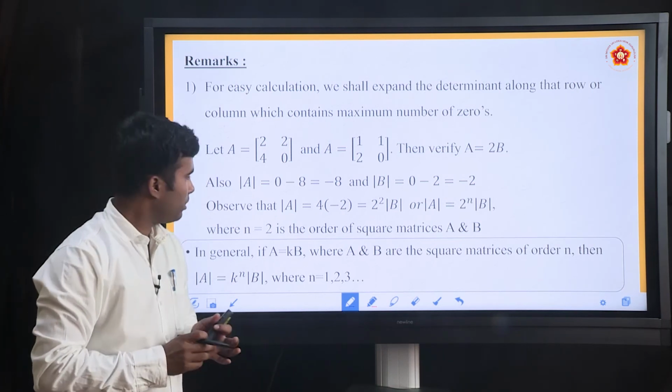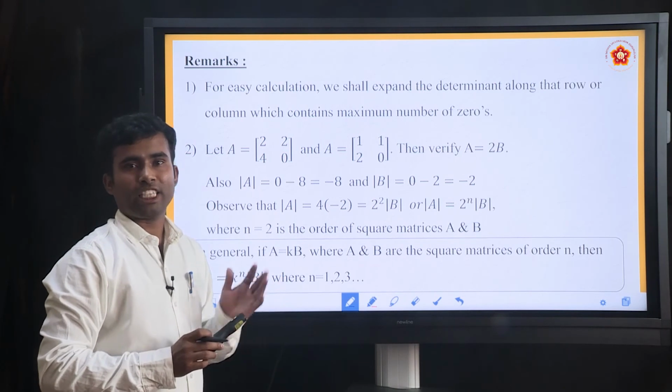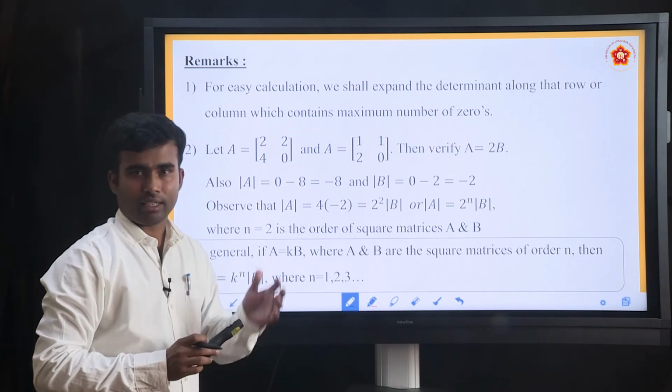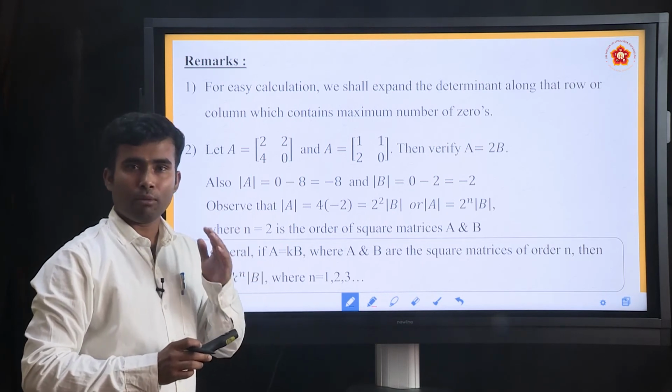So, practice expansion of determinants of order 3, because we are going to use that much in doing problems.